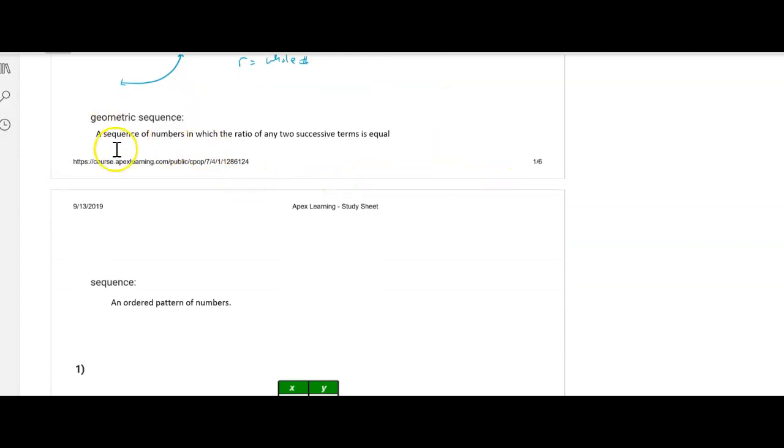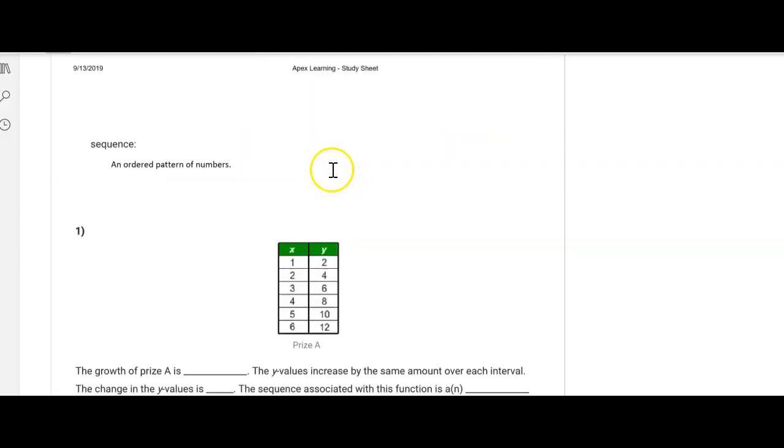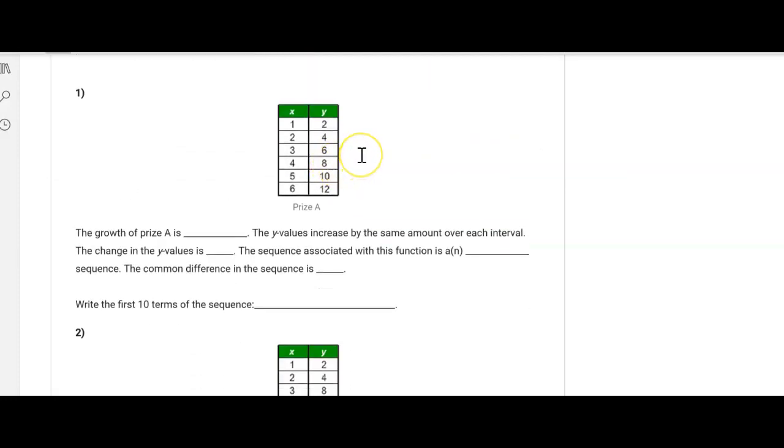So a geometric sequence is a sequence of numbers in which the ratio of any two successive terms is equal, and basically that means you're multiplying to get the next number. All stuff we've talked about already. So when you're given this table, the directions say to determine the growth of prize A. When we look here at prize A, if I look at my y values, what's happening each time?